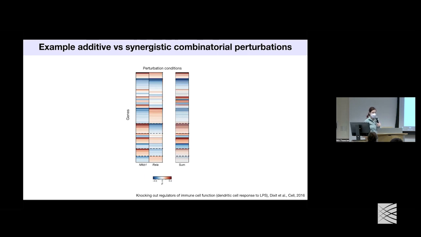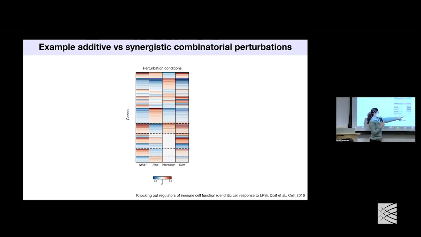This is what happens, and then we look in our model for the interaction term. For these bottom genes here, the interaction term is 0 or close to 0, so those are cases where the two perturbations are acting pretty independently. There's no change in addition to just the individual changes.